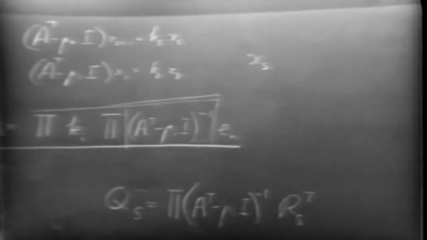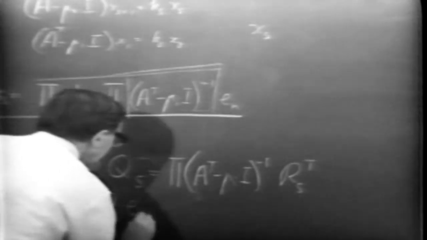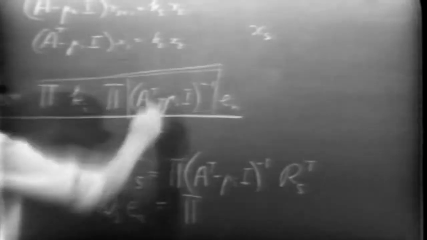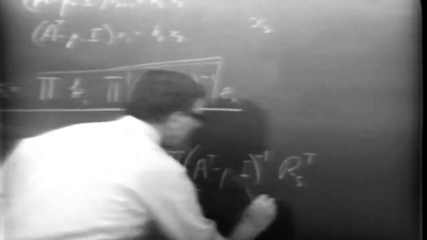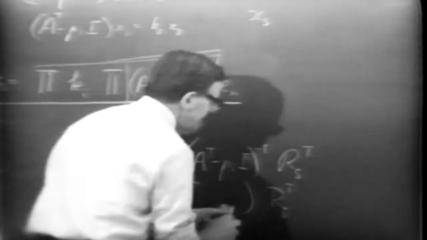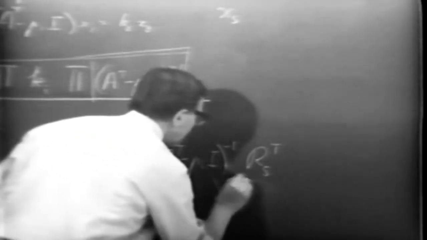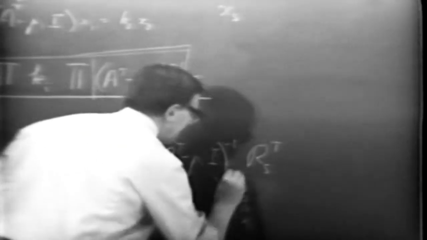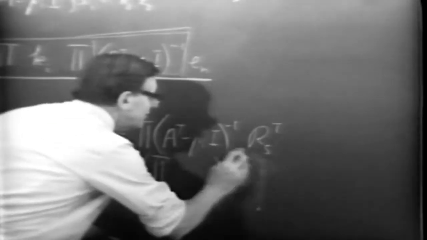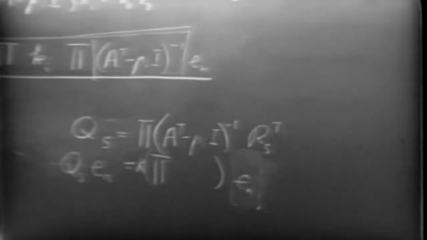Now let's look at this result here, and we get qs times En. Multiply this by En. We get that is equal to this same product that we've got there, times RST times En. Okay, what's RST by En? RST is a lower triangular matrix. When we multiply it by En, we take its last column of a triangular matrix. It's just something like that, and so it itself is a multiple of En, some other multiple of En. And what does this say?